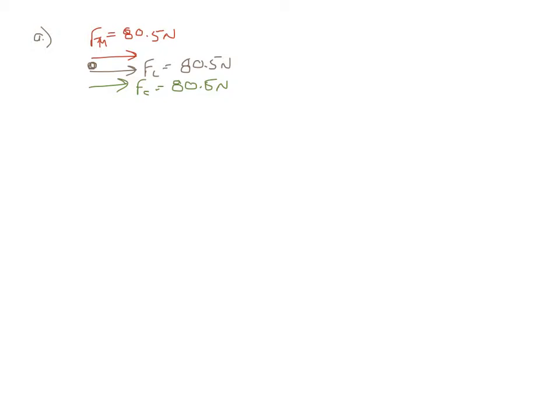And so we can write those three forces as such. I'm just going to write in red right here. So the net force, remember these are all positive forces, the net force on the boat is going to be 80.5 newtons plus 80.5 newtons plus 80.5 newtons right here.